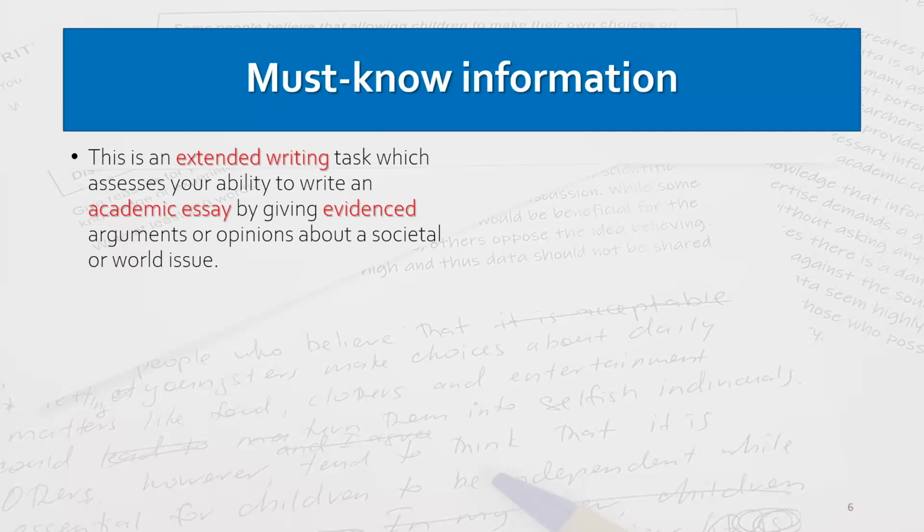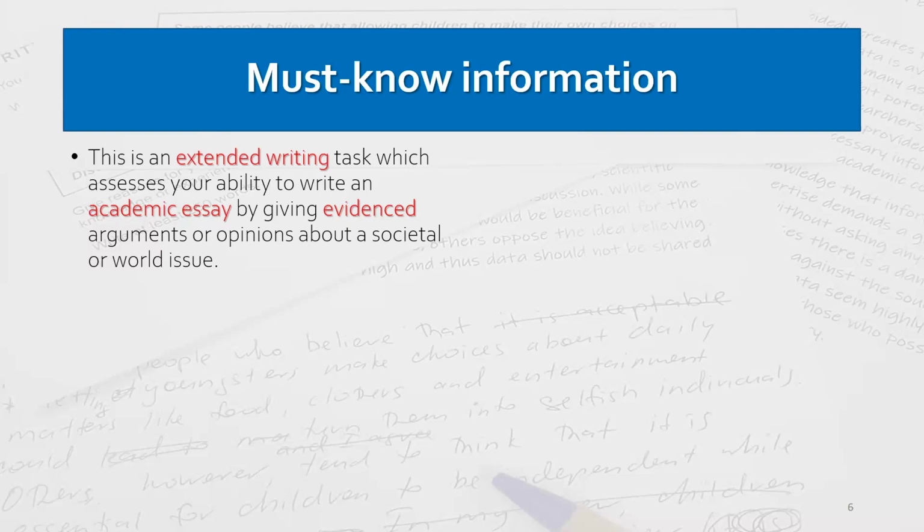Here, extended writing means you need to produce a longer piece of writing. For Task 1, you need to produce 150 words, but for Task 2, it's 250 words. So it's called an extended writing task. It means a longer essay.